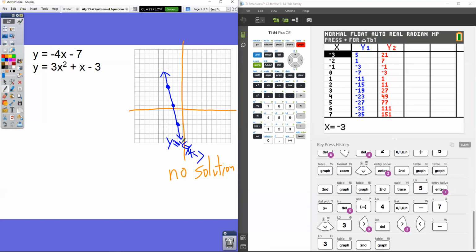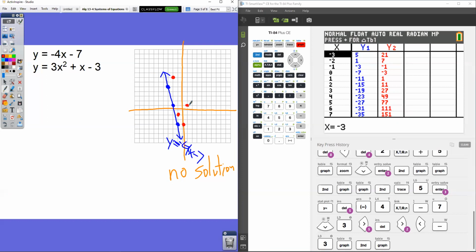And then for the parabola, I have negative 2 and 7. I have negative 1 and negative 1. I have 0 and negative 3. I have 1 and 1.